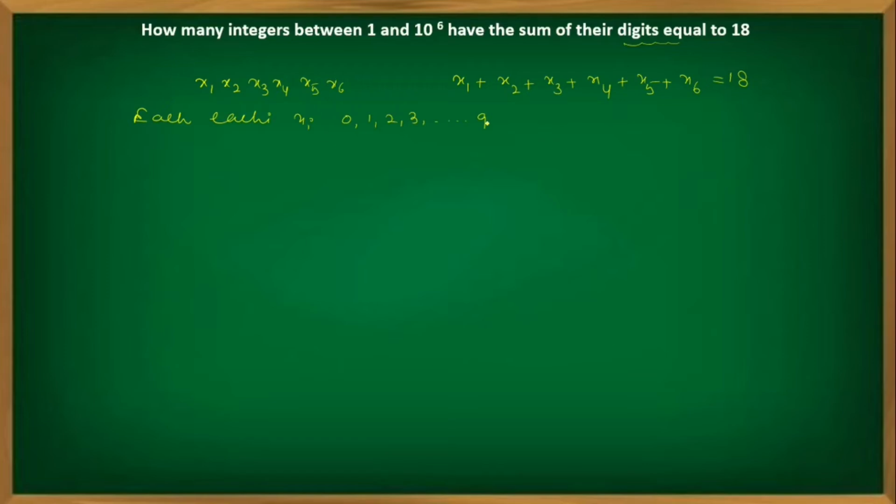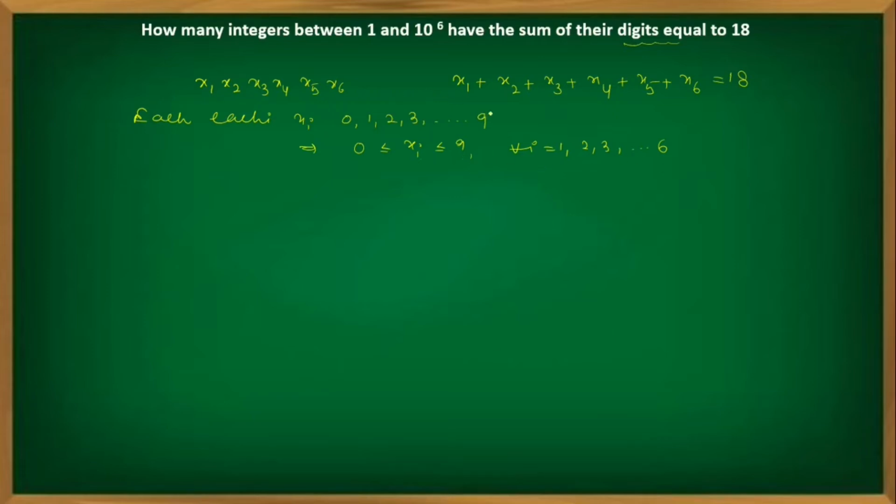According to the condition, the sum of the digits is 18. So instead of writing that x1 lies between 0 and 9, x2 lies between 0 and 9, we can simply write 0 is less than or equal to xi is less than or equal to 9 for all i equal to 1 to 6.